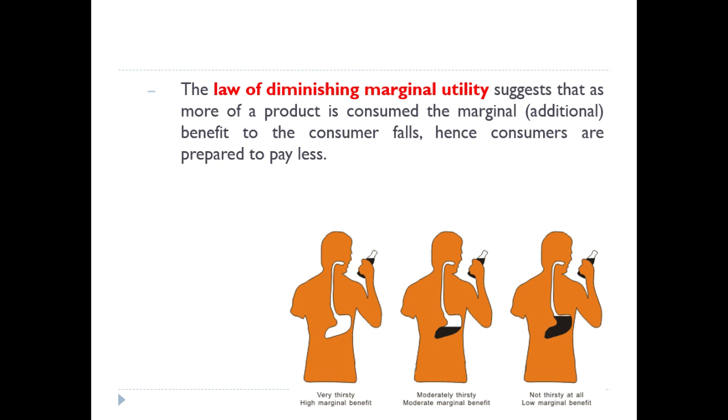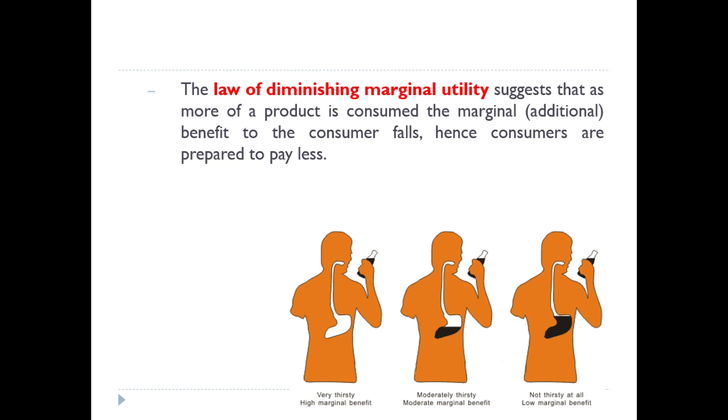So the law of diminishing marginal utility says that when we consume a product repeatedly without any break, the psychological satisfaction you derive from the product will fall with each unit of consumption.